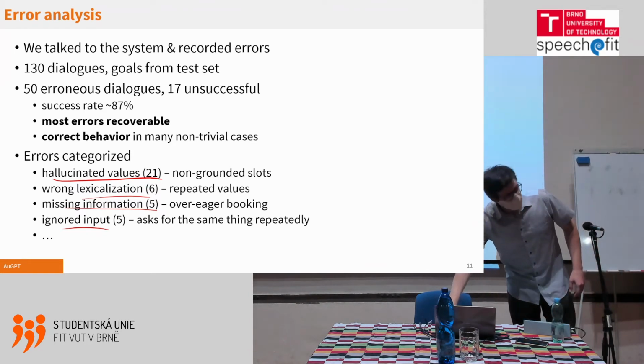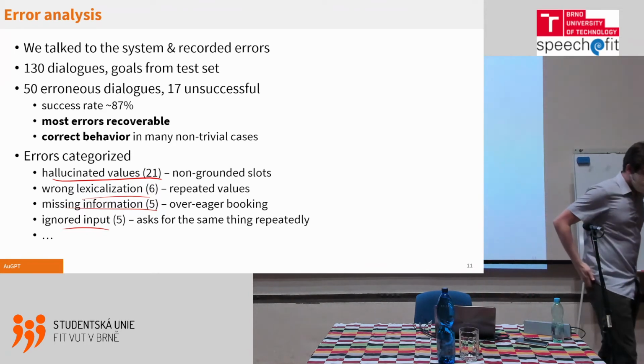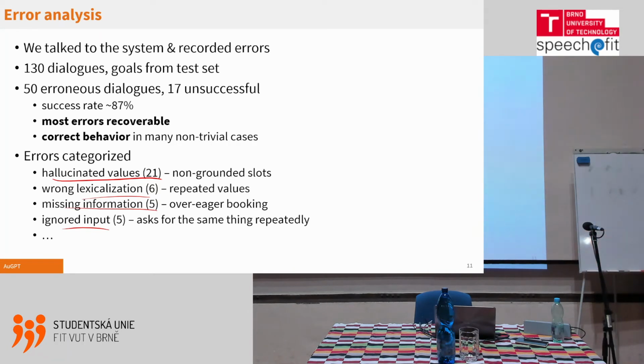Also, with those hallucinated values, did you look into whether it's the response generator that's over-eager, or did it somehow already mess up when writing down the belief state? Right. I think in most cases it actually was messed up when it was writing down the belief state.